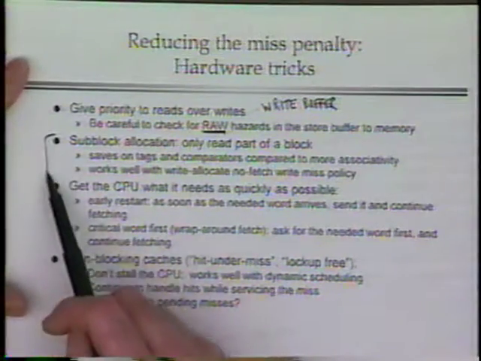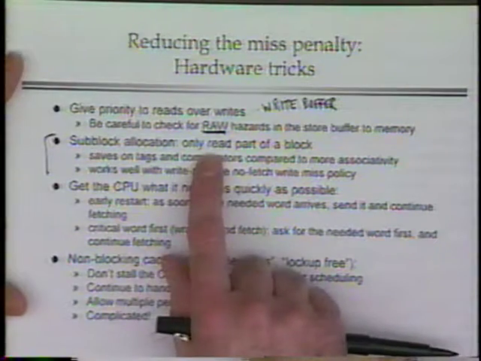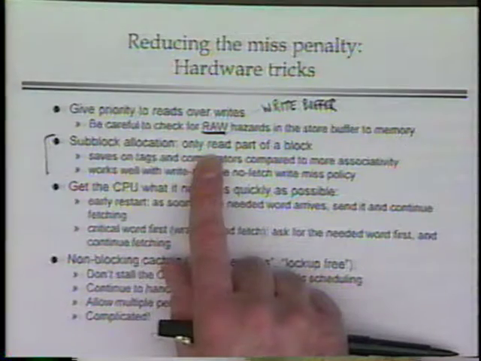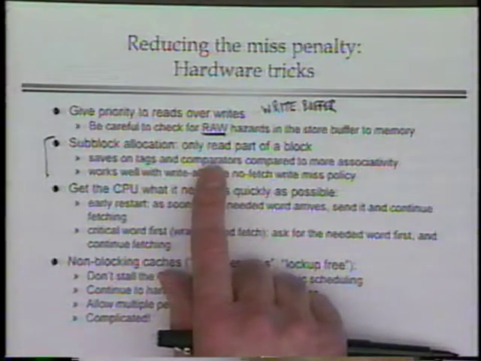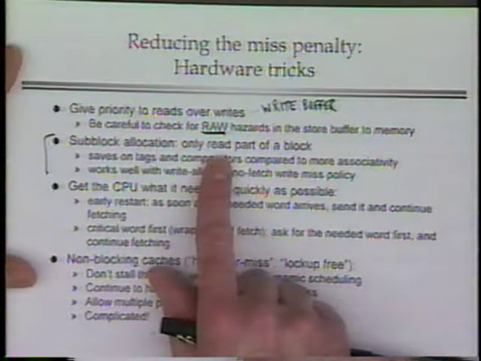Another thing we looked at, mentioned before, was this idea of subblock allocation. We talked about it in terms of write misses and avoiding having to fetch from main memory when you do a miss by keeping individual valid bits for each of the subparts of the line. You can also do it to save on a read miss as well.